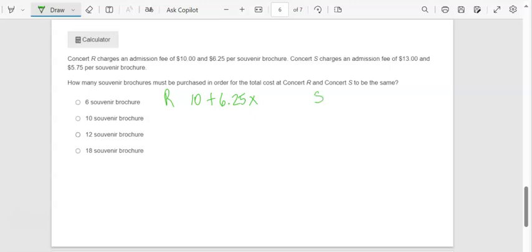Concert S has an admission fee of $13 and $5.75 for each souvenir brochure. So plus 5.75x. So that's the first step. Write it out. How many souvenir brochures must be purchased in order for the total cost at Concert R and Concert S to be the same? Same means that we want to know when they're equal. So just set these two up to be equal.